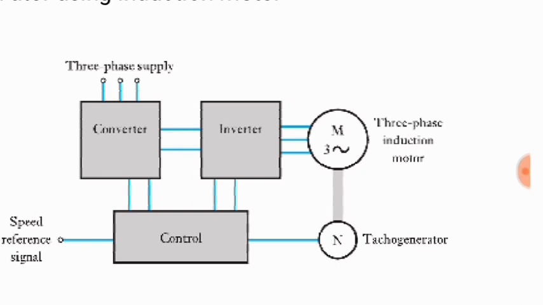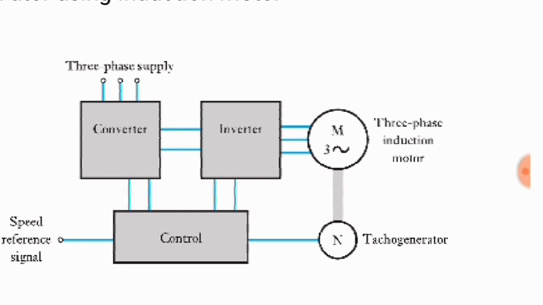So, suppose the speed reference signal is 1000 rpm. That is, we have to operate the motor at 1000 rpm. Suppose the induction motor is operating at a different rpm. The tacho generator senses that rpm and it is sent to the controller. The controller compares that actual speed with the reference signal. If both are different, there will be an error signal.